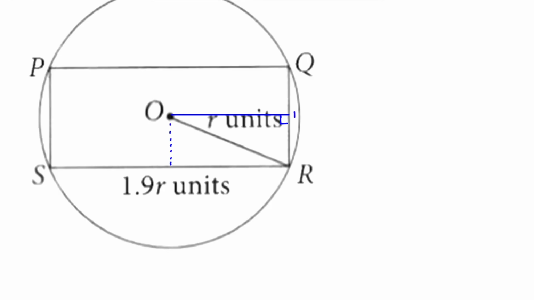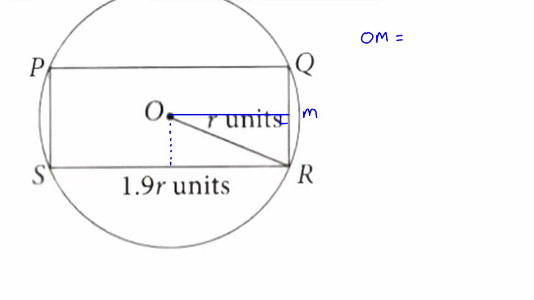Let's call this point M, so it's easier to refer to. So QM is actually half of this line, SR.